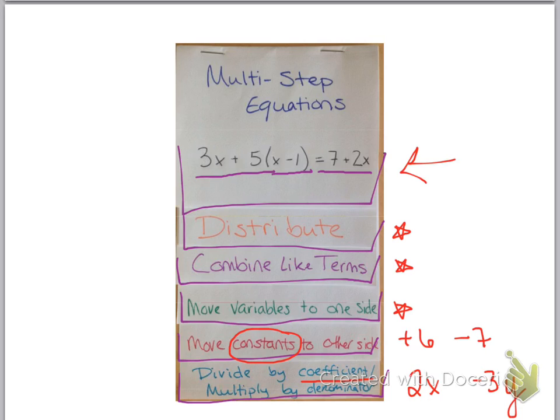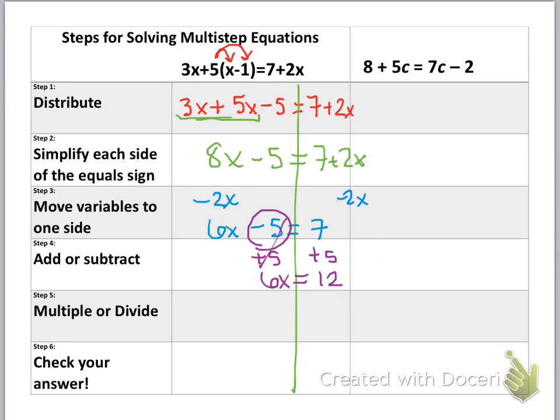Now I'm dividing by the coefficient or multiplying by the denominator. The divide or multiply. Last step. Dividing both sides by 6. So x equals 2. We should always check our answers just so that we know that it's true. So I should be doing 3 times 2 plus 5 times 2 minus 1. We're running out of space here.